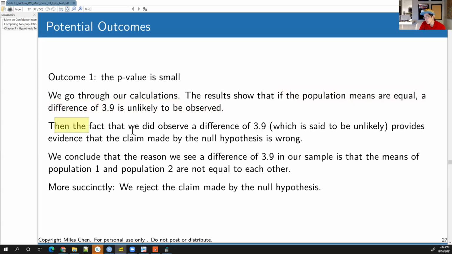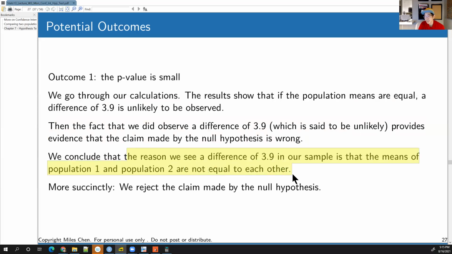So the fact that we did observe a difference of 3.9, which is said to be unlikely, right? It should only happen 1 in 1,000 times. We're going to say, you know what? I don't think I was that 1 in 1,000. Instead, we're going to conclude that the claim made by the null hypothesis is wrong, right? That the reason why we see a difference of 3.9 is that the means of the populations aren't equal to each other.